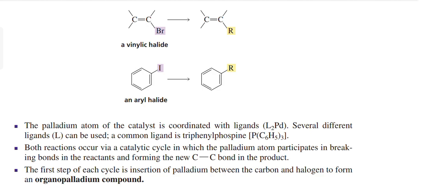Both reactions occur via a catalytic cycle in which the palladium atom participates in breaking a bond in the reactant and forming the new carbon-carbon bond in the product. The first step of each cycle is insertion of palladium between the carbon and halogen to form an organopalladium compound.